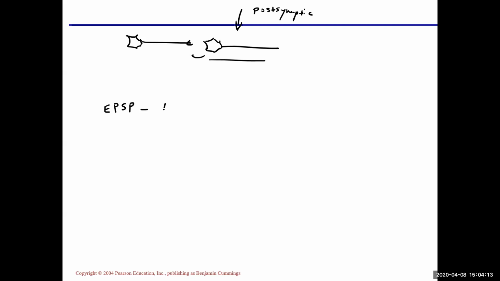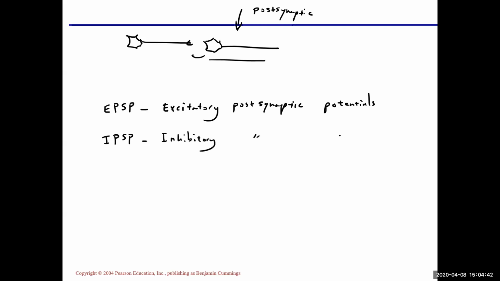EPSP stands for excitatory postsynaptic potential. And then you have IPSP. IPSP stands for inhibitory postsynaptic potential.